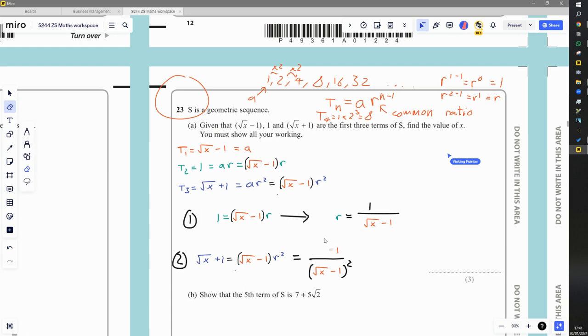So the top basically ends up becoming that again, which is actually just r. So basically, x plus 1 is equal to r in the end. So I could have worked that out straight away, because we had 1 and then we went to term 3, and so clearly it's been multiplied by x plus 1 twice. I could have done that a lot more quickly if I'd thought about it.